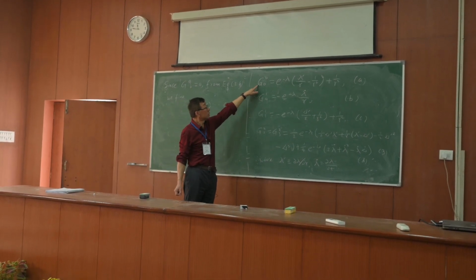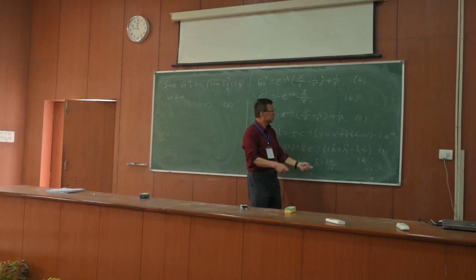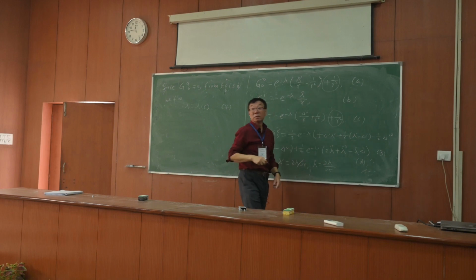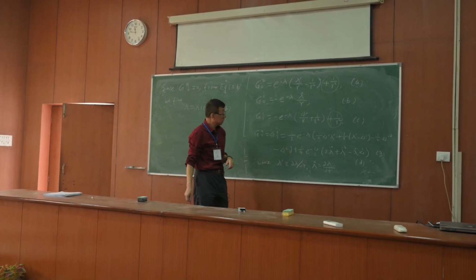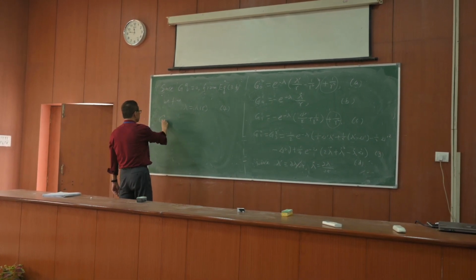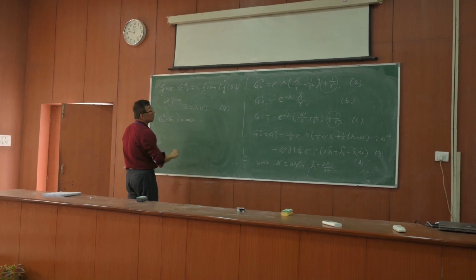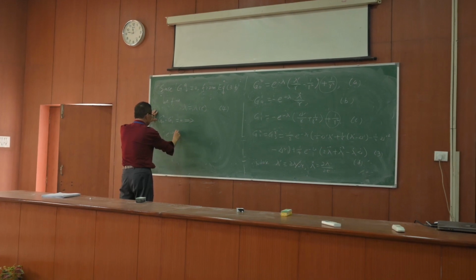So this angular part equals 0. We want to get rid of this guy here. So what we do is this minus system, then you can take G_00 minus G_11 equals 0. That leads to nu minus lambda.